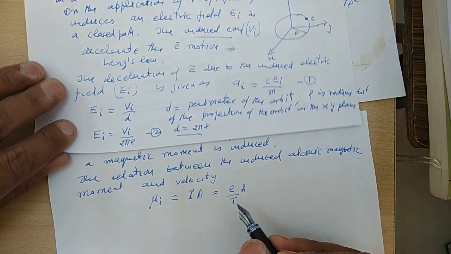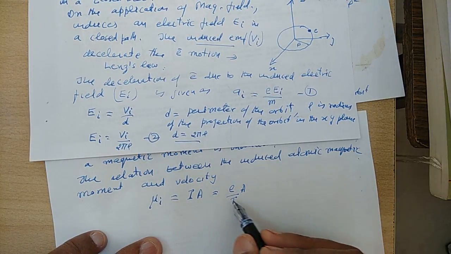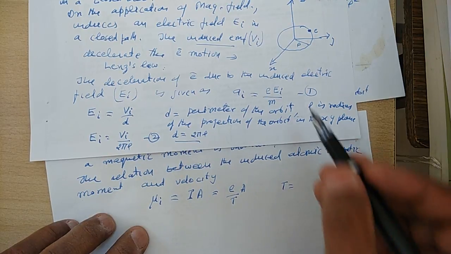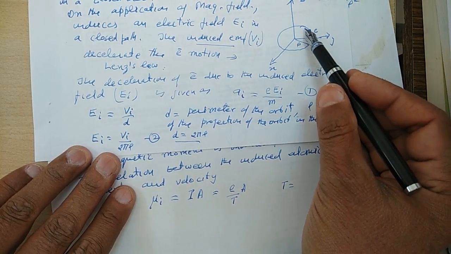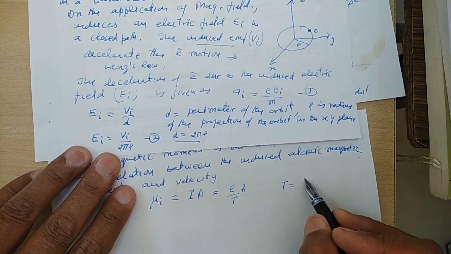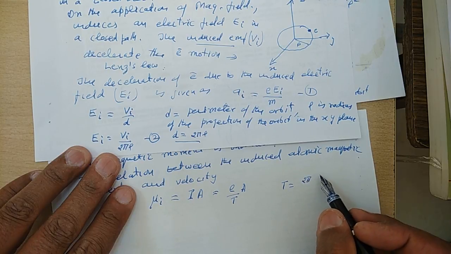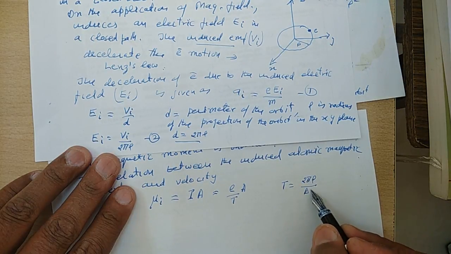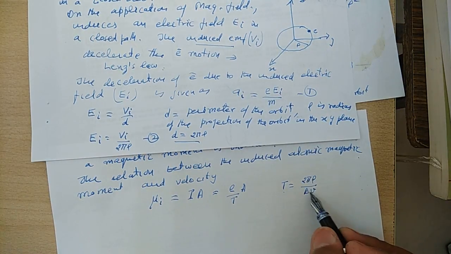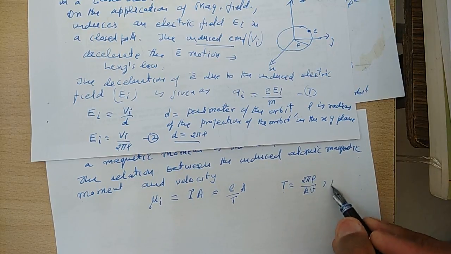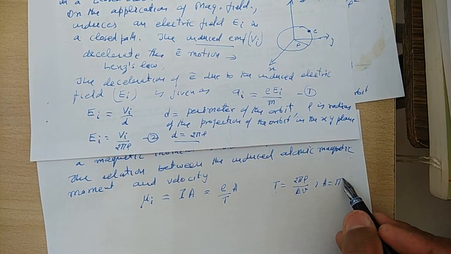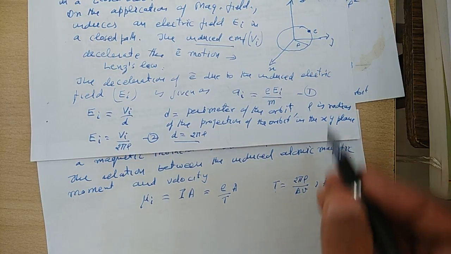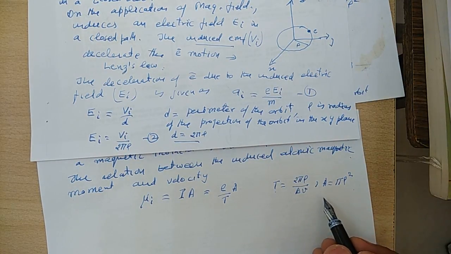So here I will write the expression for the T. In this case, the total perimeter is 2 pi rho, and I will divide it by the velocity. So instead of this T, I will write 2 pi rho by V, and we know that the area is pi rho square, the area of this circular loop.